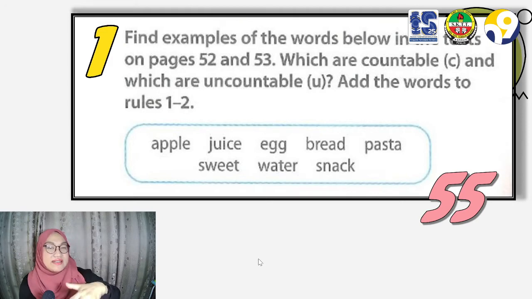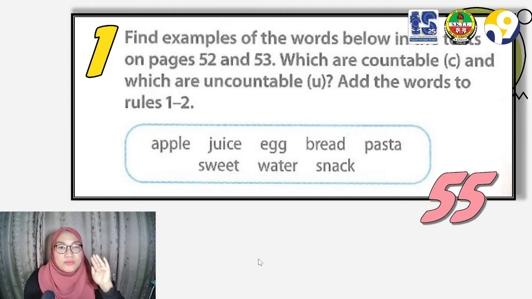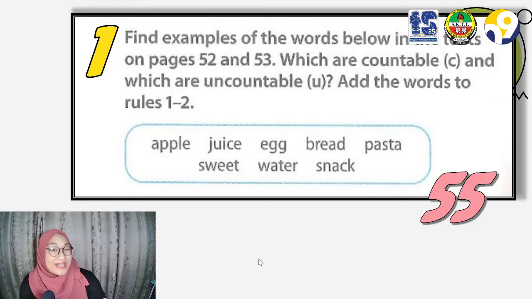So here are some of the nouns that can be found on page 53, and we are going to categorize these nouns into 2 categories, which are countable or uncountable. So we have apples, juice, egg, bread, pasta, sweet, water, and snack.